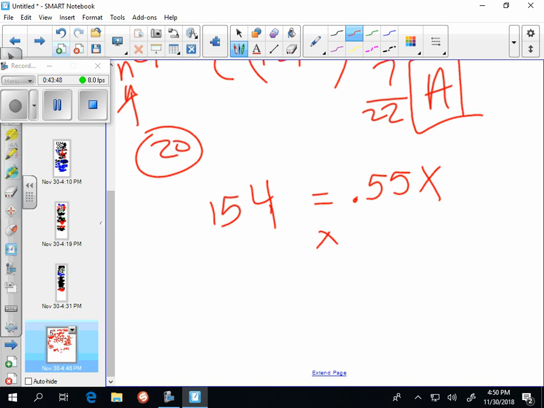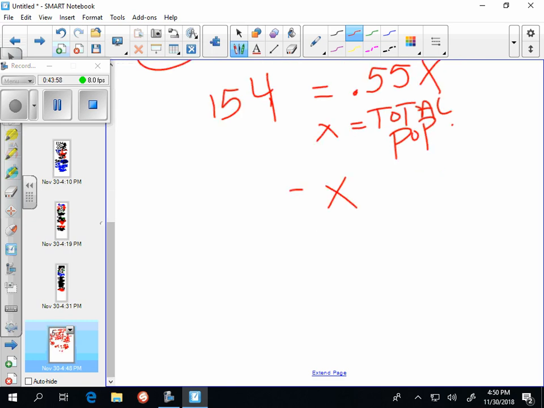X equals total population. So if we divide both sides by 0.55, I get that X equals 280 total students.